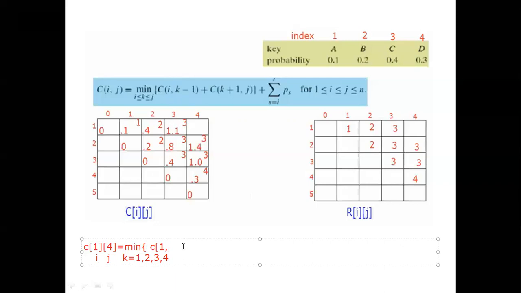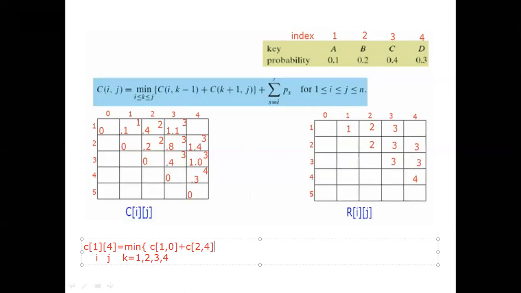It is 0, close bracket, plus C of K plus 1. What is the K value here? 1. What will come here? 2, comma, J. What is the J value? 4. Here it is 4.